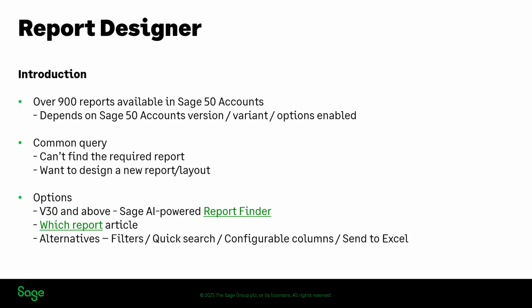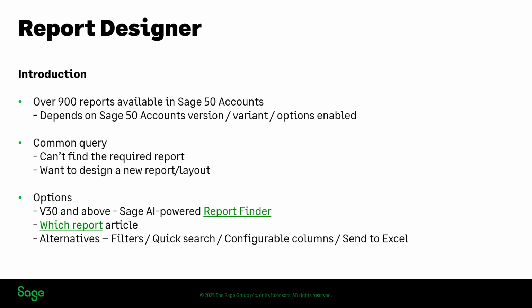The Which Report article is in the Help Center, but they essentially achieve similar things. They try to help you to get to the report that you require. So if you're searching for, I don't know, department or something like that, it will try and say, right, these are the reports that are available. This is where you'll find it. Sometimes half the battle is making sure you're in the right ledger and actually just finding the report that does exist.